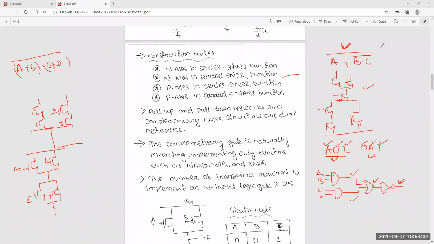Similarly, for this circuit, this is B, C, and this is not, OR invert.